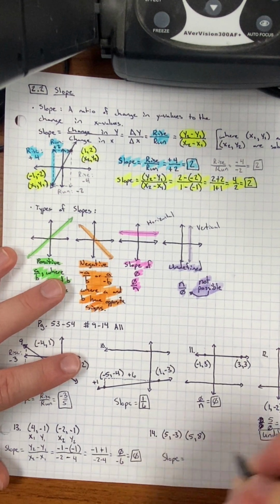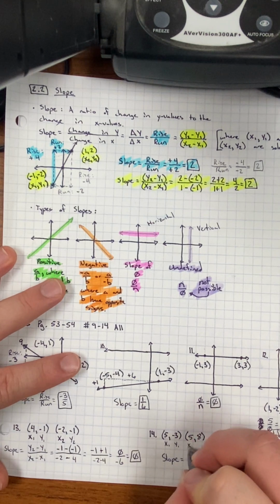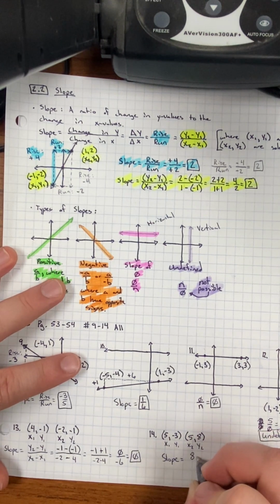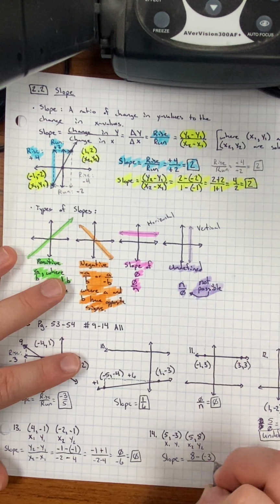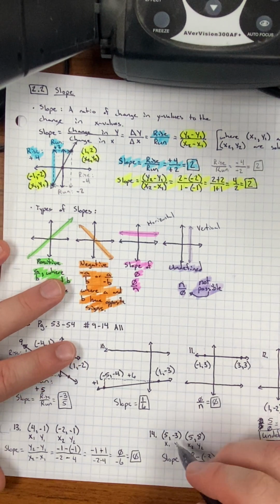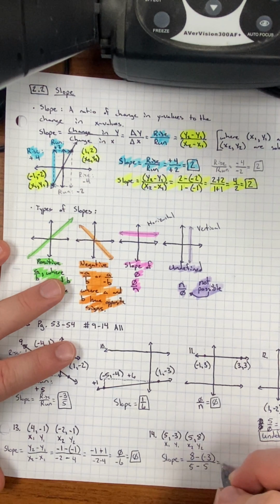Slope for this one is going to be x1, y1, x2, y2. So my y2 minus my y1, x2 minus my x1.